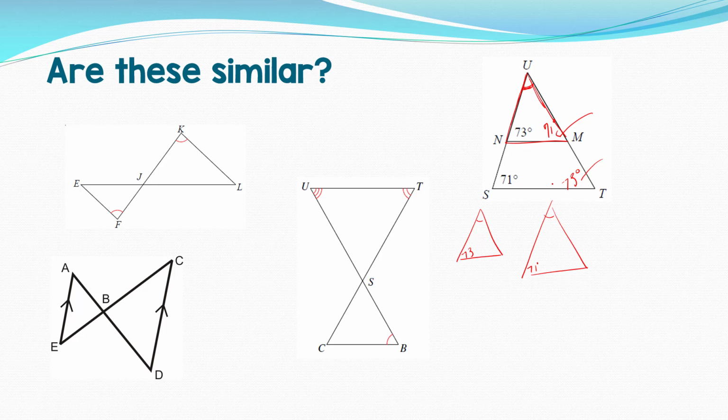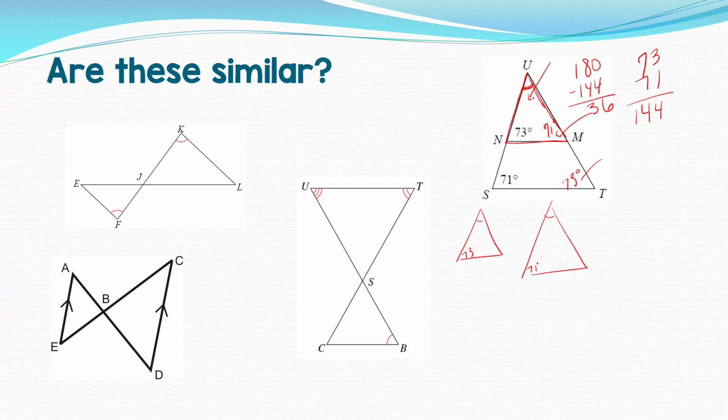So there would be one case when that would be true. That would be 180 minus 73 and 71. That would be 144. Okay, so that would be 36.